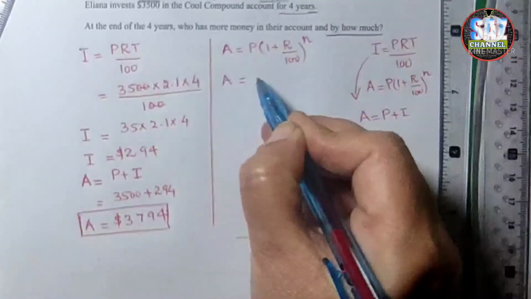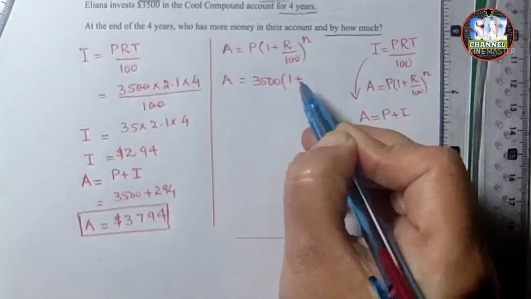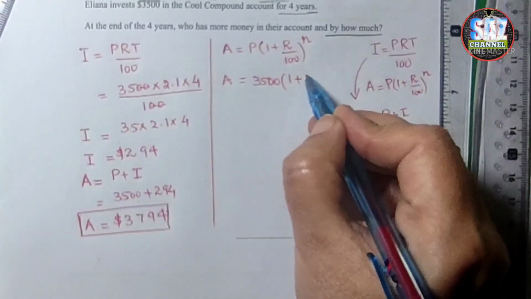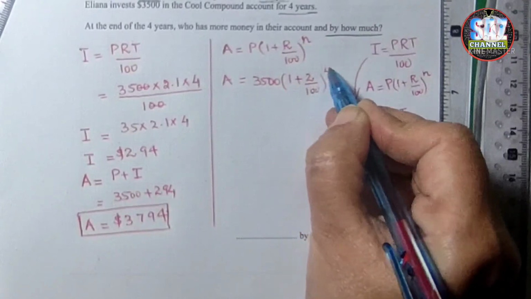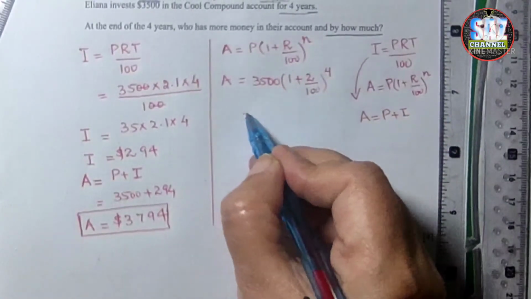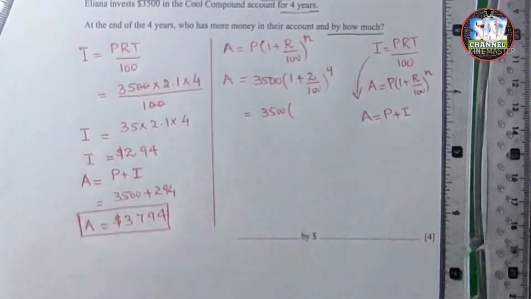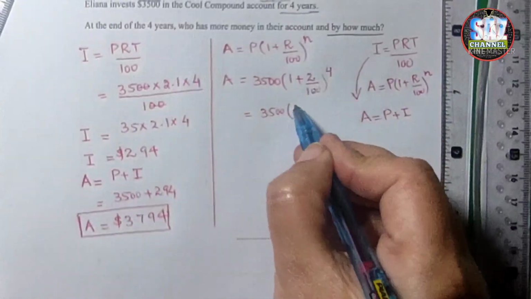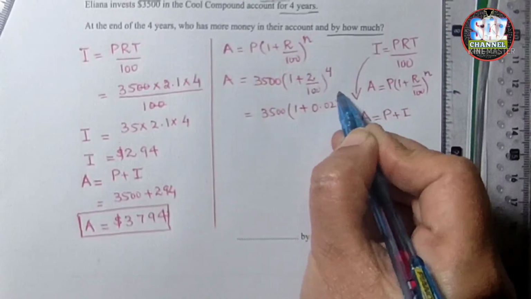A equals, principal is 3500, 1 plus rate is 2%. Here the rate is 2 over 100, and time period is 4 years. So 3500, and 2 over 100 is 2 divided by 100, which is 0.02. 1 plus 0.02 raised to power of 4.